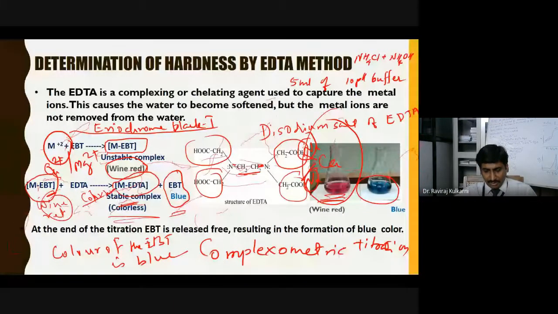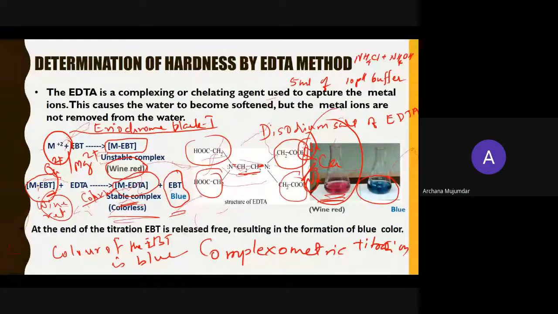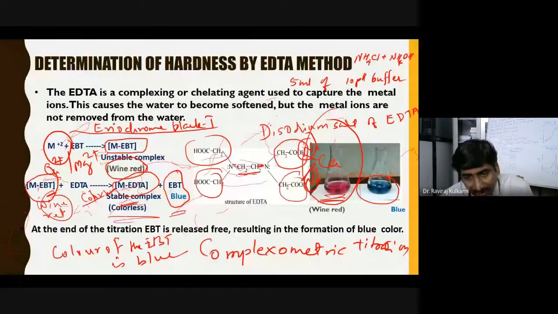Because Eriochrome Black T first forms a complex with the metal ions, which is wine red in color. At the end, EDTA replaces Eriochrome Black T from the complex, and the Eriochrome Black T set free is blue in color. So the endpoint is wine red to clear blue.